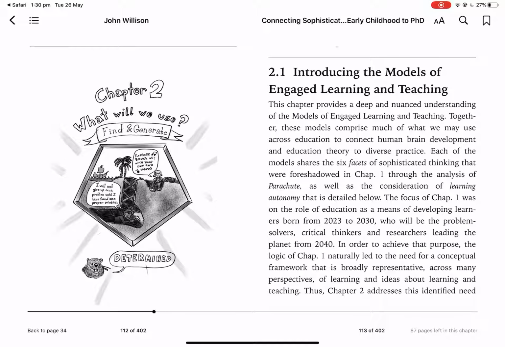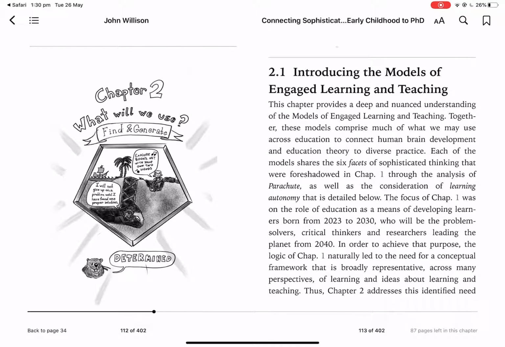So this chapter introduces all the 6 facets, but as chapter 1 and the preface have stories in them of children in schools, or very young children in primary school, 13-year-old children in high school, this chapter actually looks at university graduates.